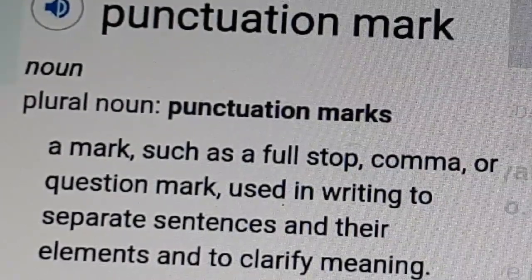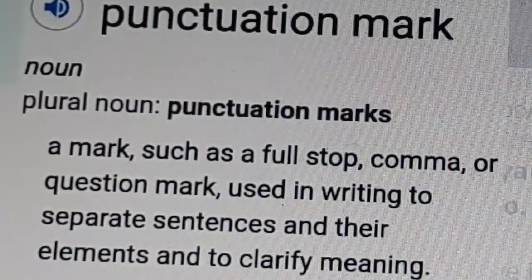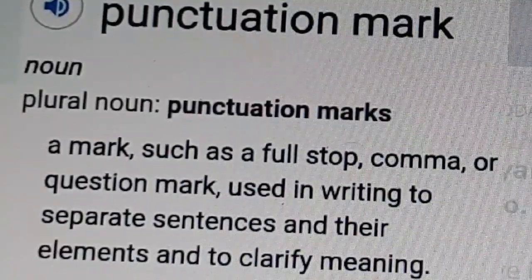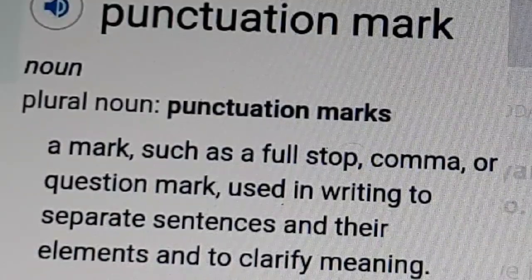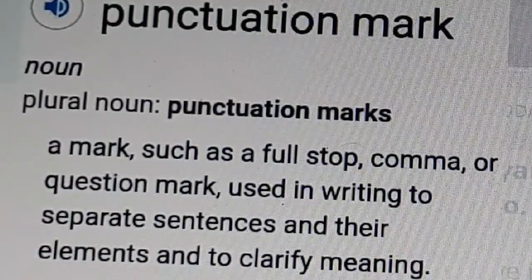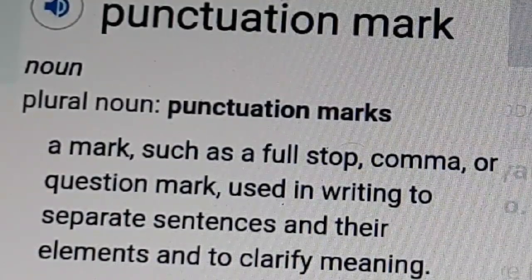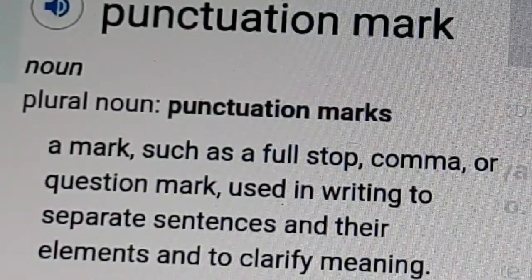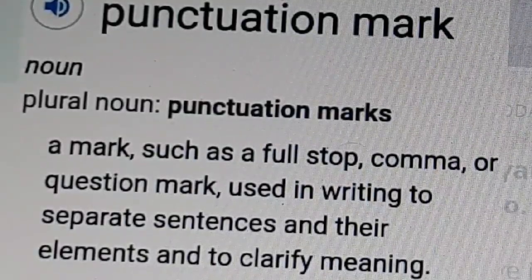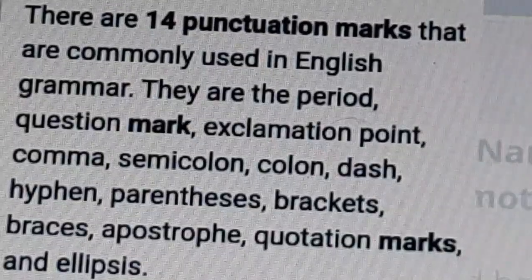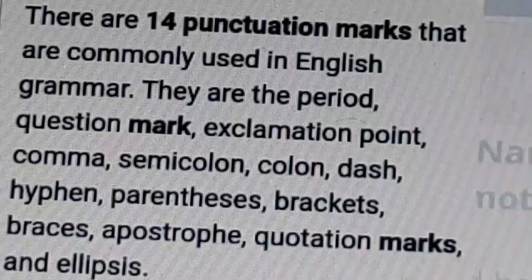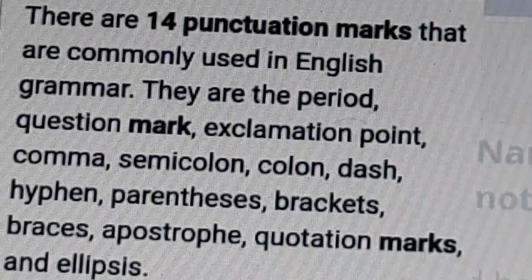Today I would like to tell you about punctuation marks. Punctuation marks such as a full stop or period, comma or question mark are used in writing to separate sentences and their elements and to clarify meaning. There are 14 punctuation marks that are commonly used in English grammar.